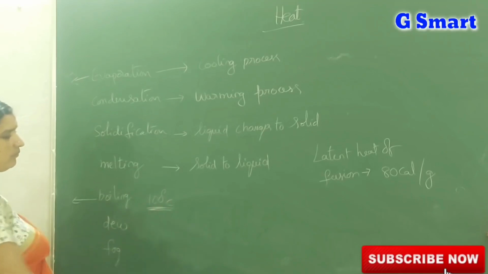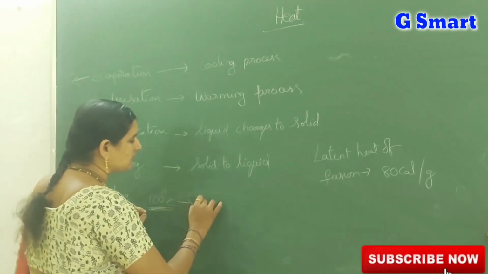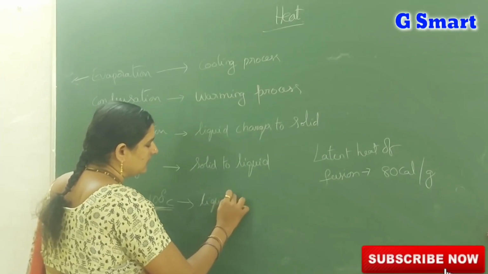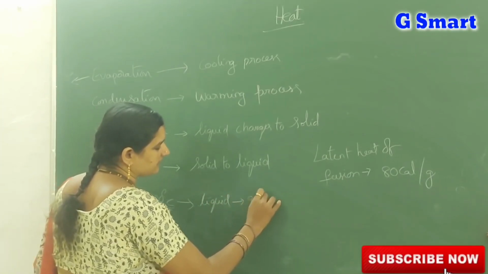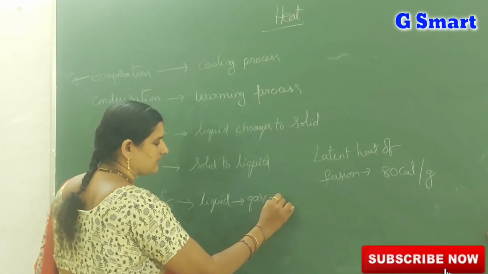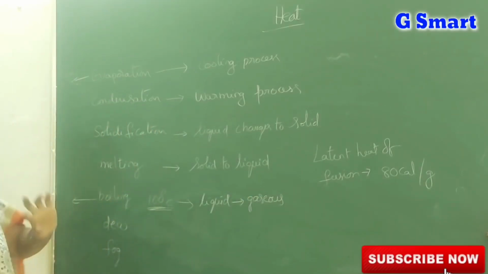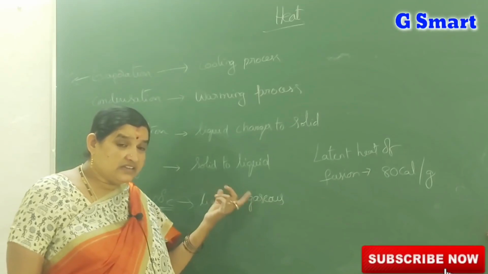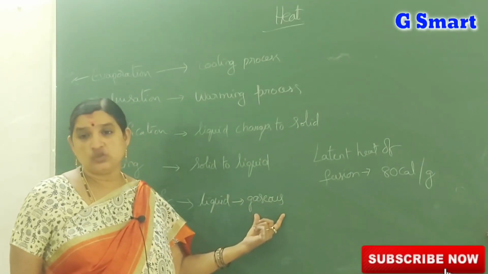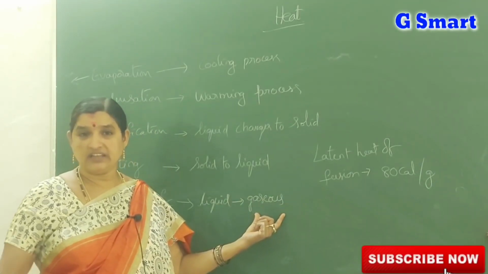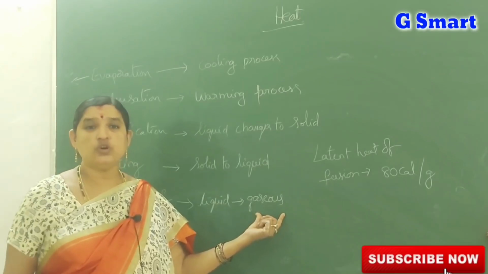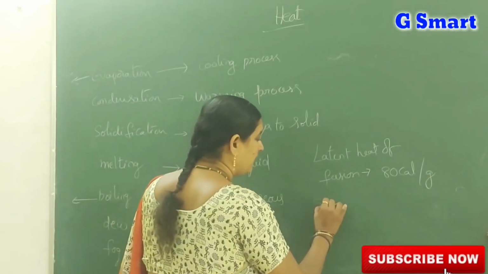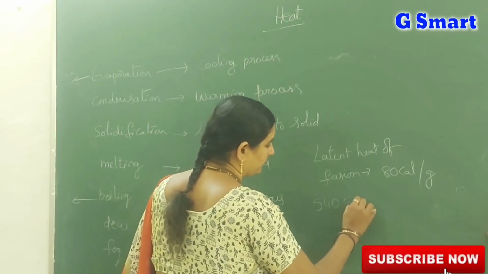Next, boiling. Boiling is the change of state from liquid to gaseous state. When there is a change in its state, there is no rise in temperature. The given heat is only used to change its state. For water it is 540 calories per gram.